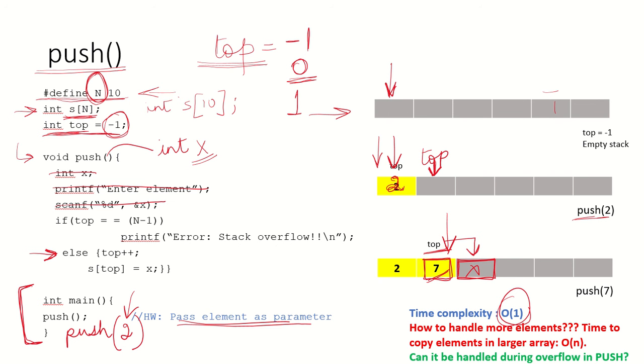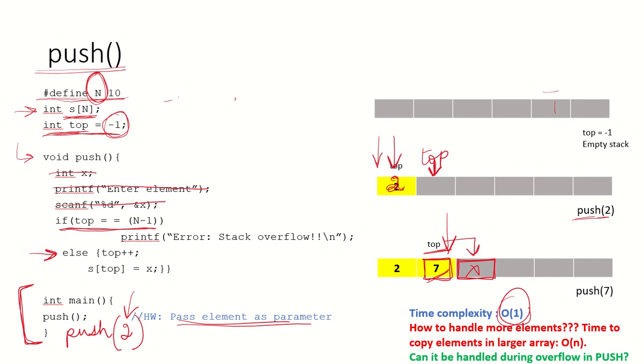Also, there is one more thing that needs to be taken care of. When the stack was full, that means if top was equal to n-1, we printed out a message to the user that the stack is overflowing and no more elements can be added. There is a possibility of handling this situation as well. So if the stack is full, what we can do is, suppose our array or the current stack was of size 4 and these were the elements which were present over there.